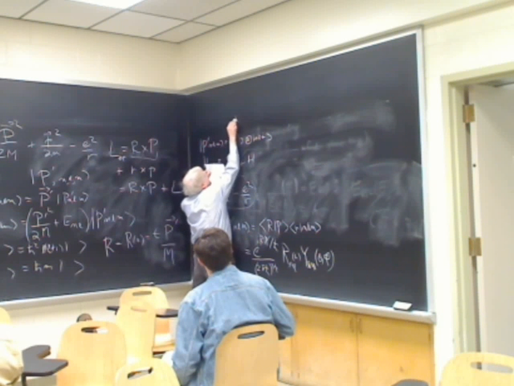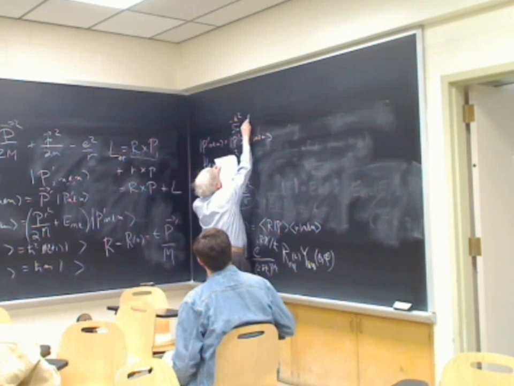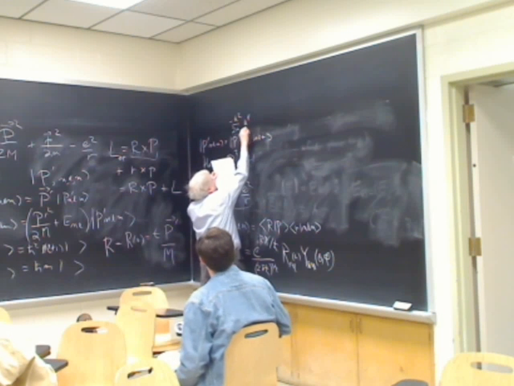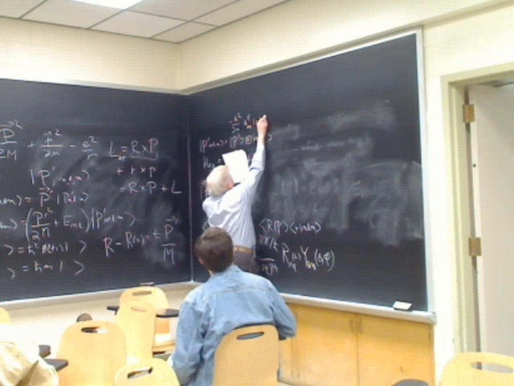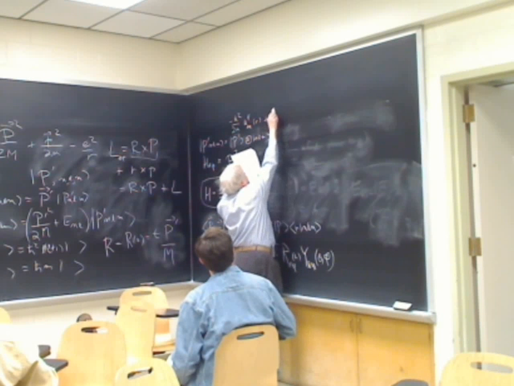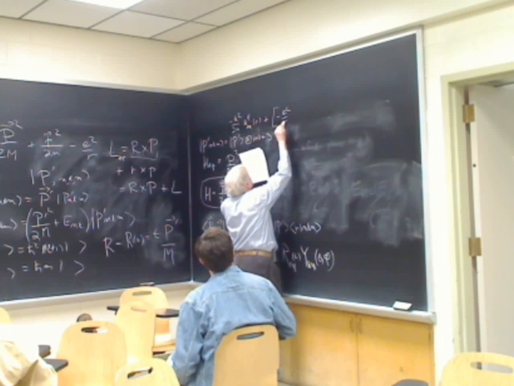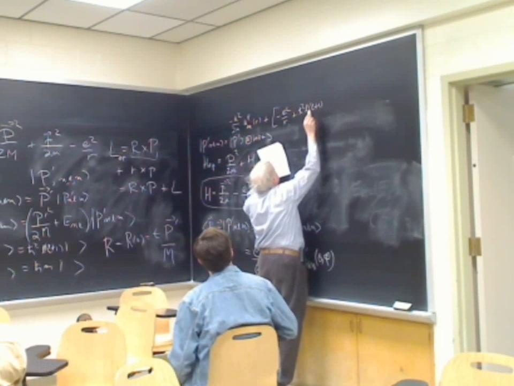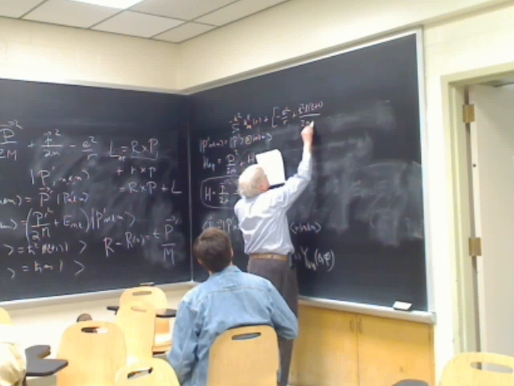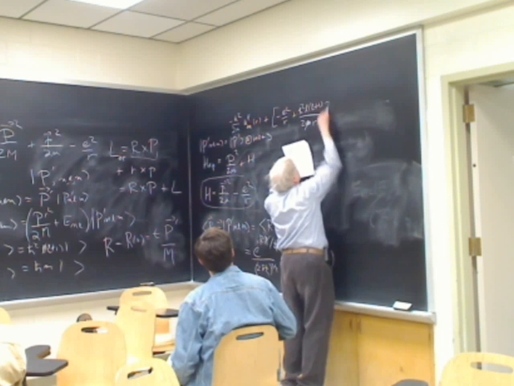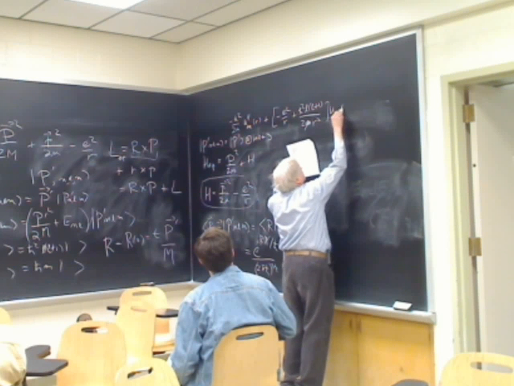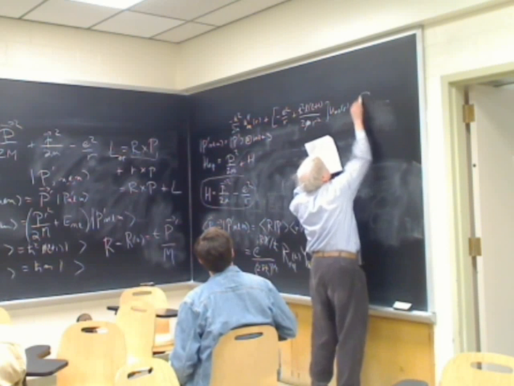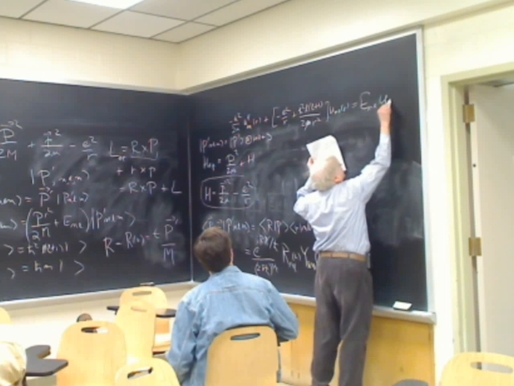Anyway, it's going to be minus h bar squared over 2 mu u double prime of r, plus minus e squared over r plus h bar squared l(l+1) over 2 mu r squared, that's a mu, u_nl over r equals E_n mu.